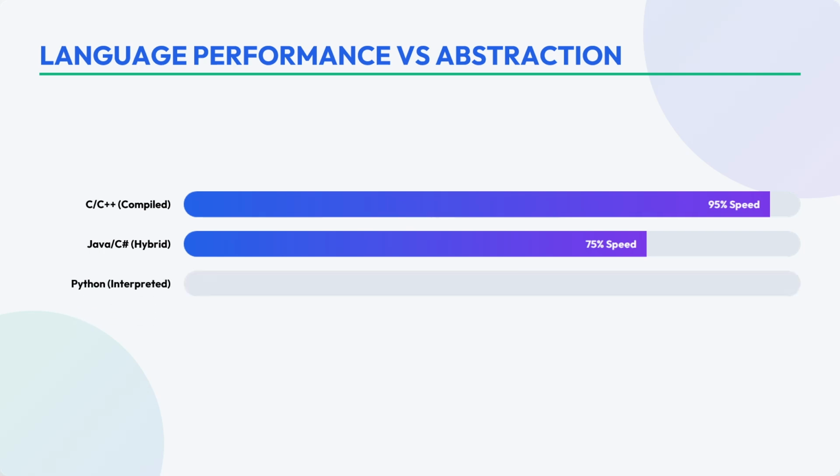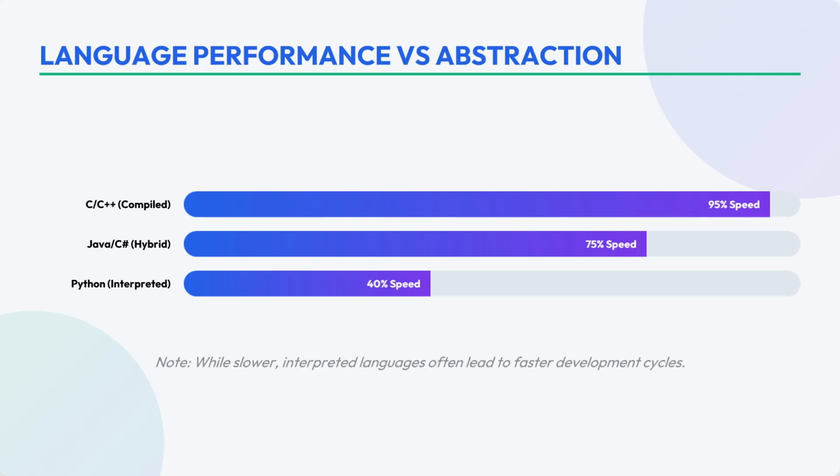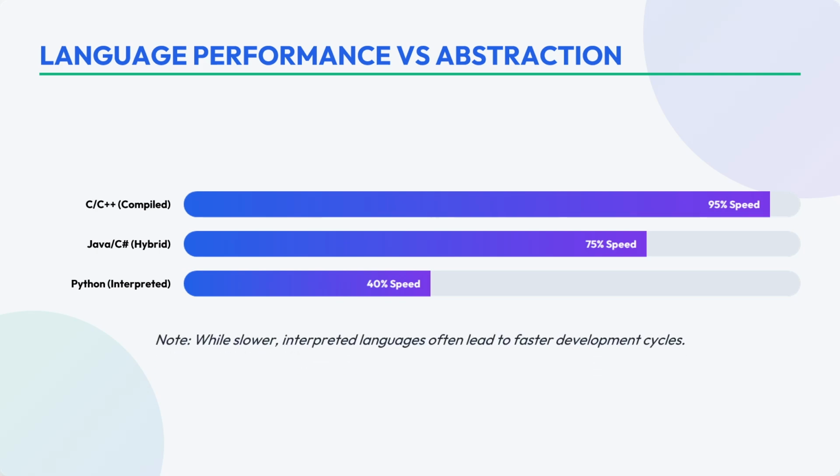And last is Python, which is a user-friendly language but does not have as much speed as the others. Slower interpreted languages often lead to a faster development cycle, so they are more likely used when development is required in a short period of time.